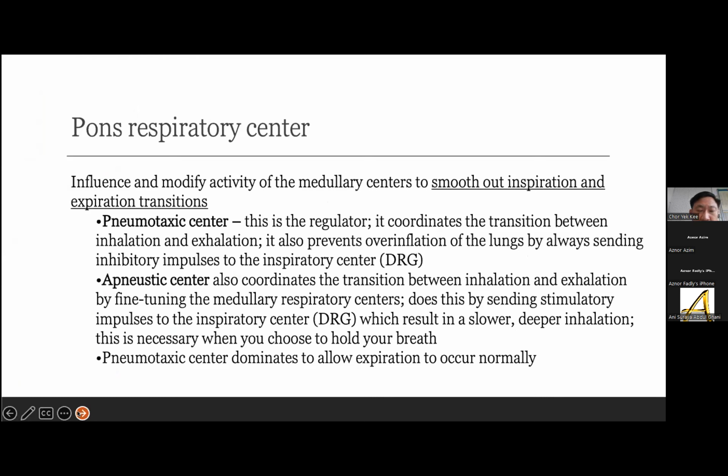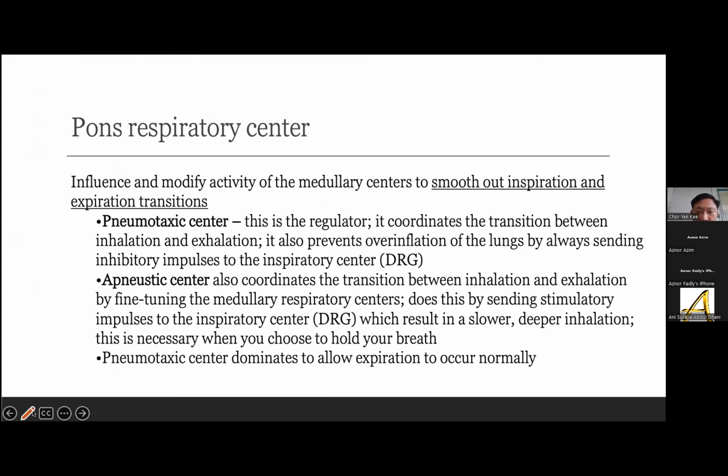The pons respiratory center consists of two more sub-centers which influence and modify the activity to smooth our inspiration and expiration transition. The pneumotaxic center acts as a regulator. It will sense the overinflation of the lung, and it sends an inhibitory impulse to our DRG, our dorsal respiratory group, to cease the breathing.